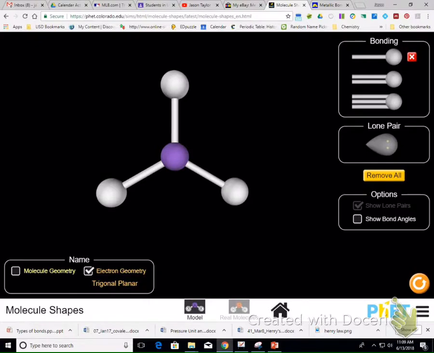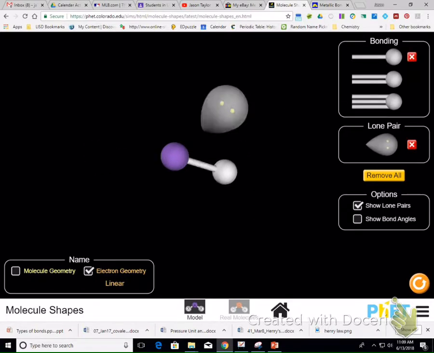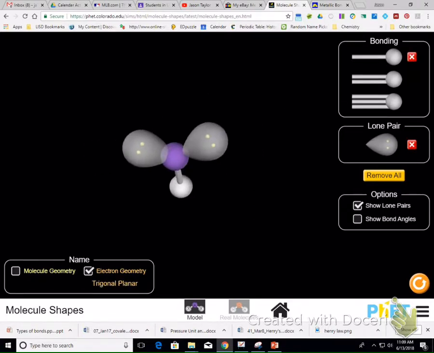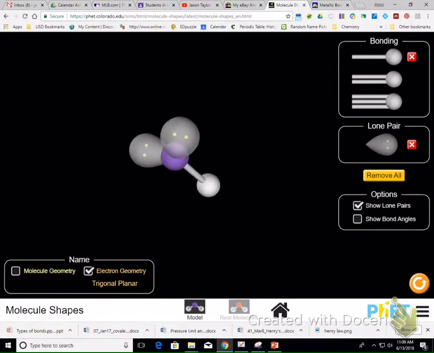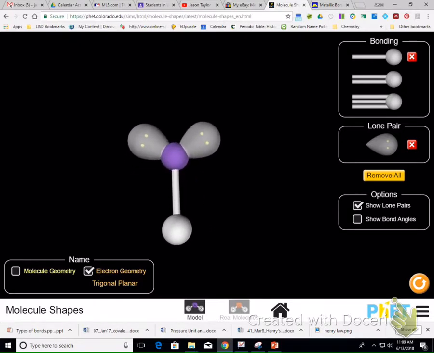Now before I go to the next domain, let me just show you that it doesn't matter what the domains are. So here I've put in two lone pairs as my domains, and I have just the singular shared pair.